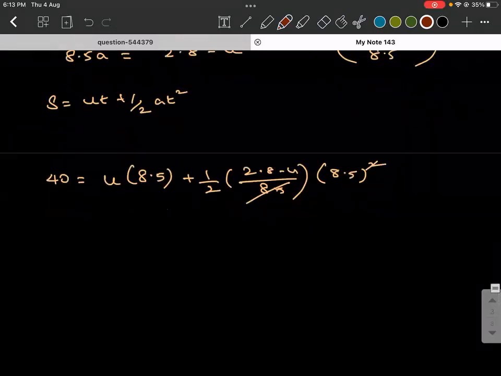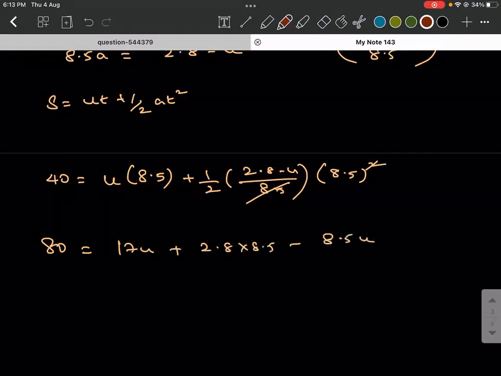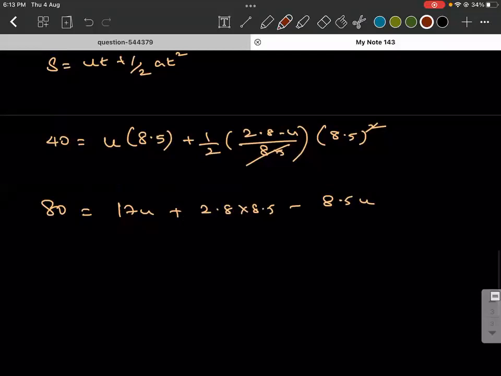So what I am left with, if you take 2 and multiply, then you will get 80 is equal to 17U plus 2.8 into 8.5 minus 8.5U. So 80 minus 2.8 into 8.5 is equal to 8.5U. So from this, you can find the value of U. I'll give you 2 minutes. Calculate and tell me first.